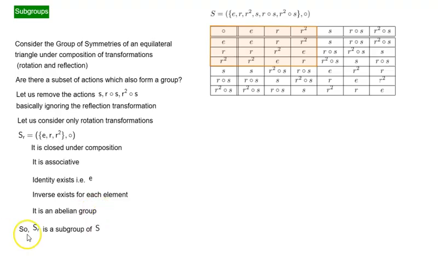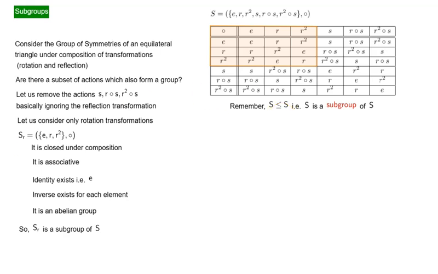So here SR is a subgroup of S. S is the entire thing and SR is just this part of the group. So we say SR is a subgroup of S. Now here, remember, S is a subgroup of S. This notation is to show that the left hand side is the subgroup of the right hand side.